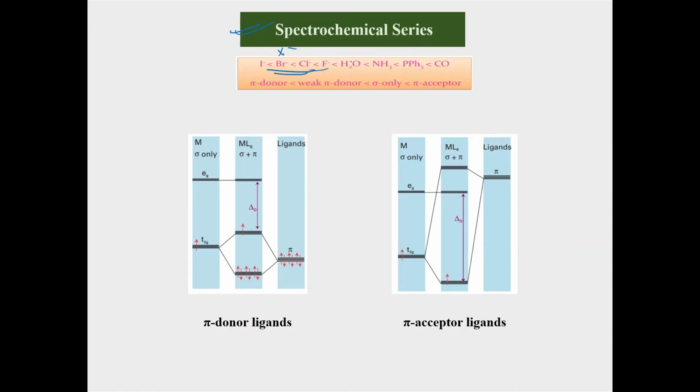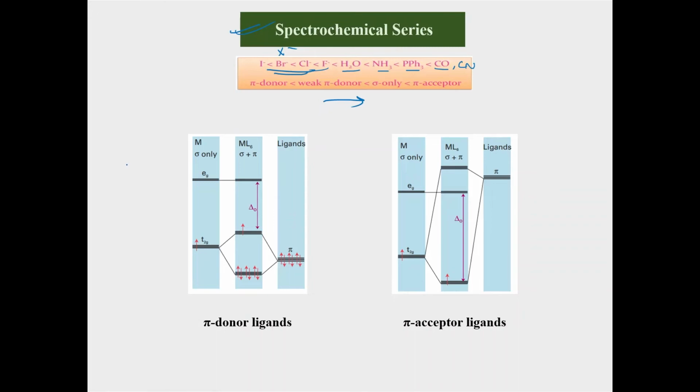Then comes the oxygen donor ligands like H2O, then NH3, PPh3, and then carbon-donor ligands like CO and CN. So on the basis of the spectrochemical series, halides are the most weak field ligands, whereas going along the series, CO and CN become strong field ligands.